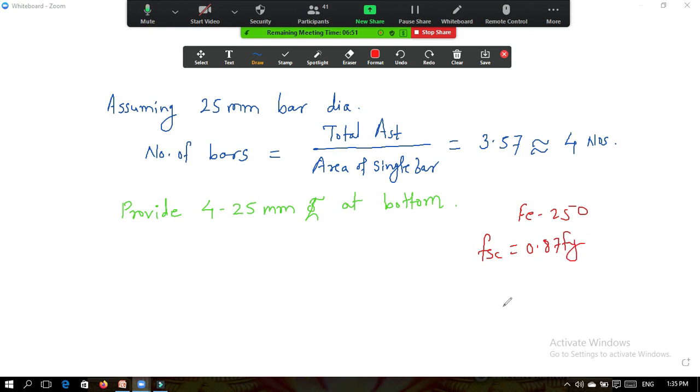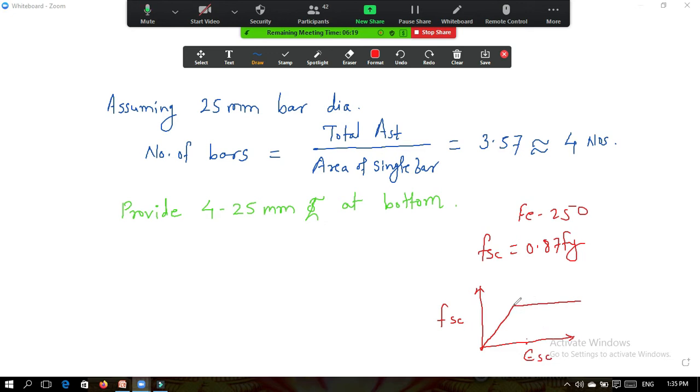And why is the formula like this? Because if you draw the graph, here you take epsilon SC, strain in steel in compression, and here FSC, stress in steel in compression on the y-axis, then the graph goes straight up, obeys Hooke's law, and then remains straight. So for every value of strain beyond this point we get the same value.